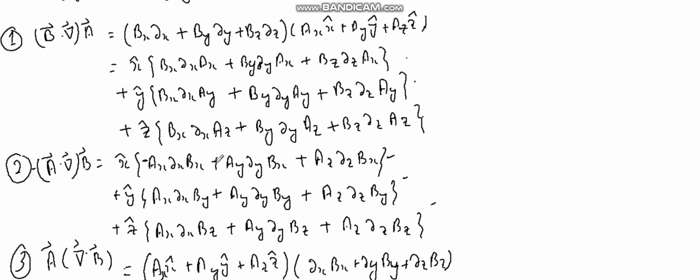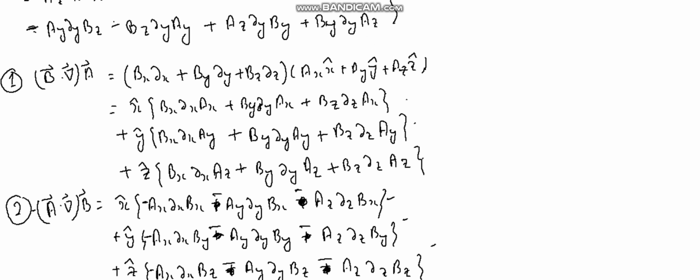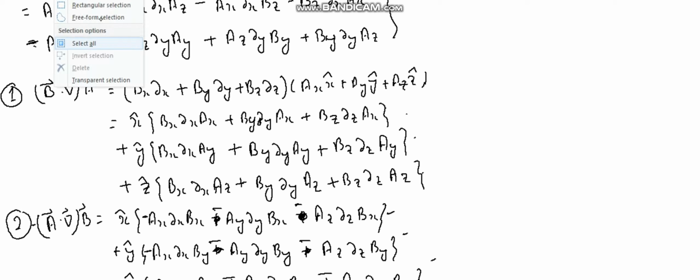We're gonna have minus for all the terms of 2, and 4 will have minus as well. Okay, now let me take the x component of the RHS.